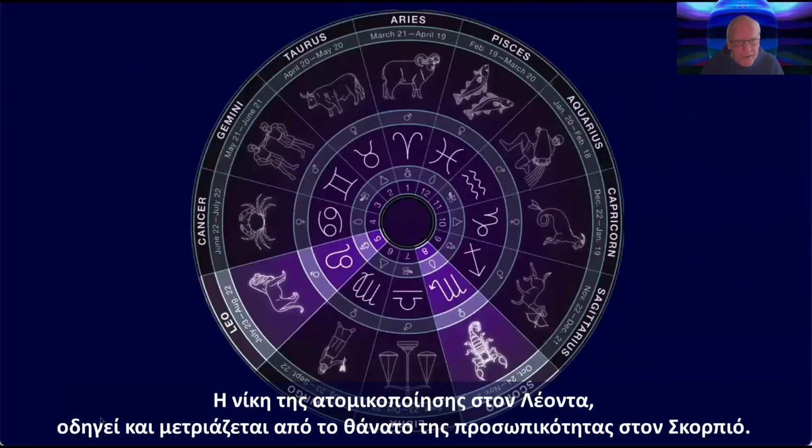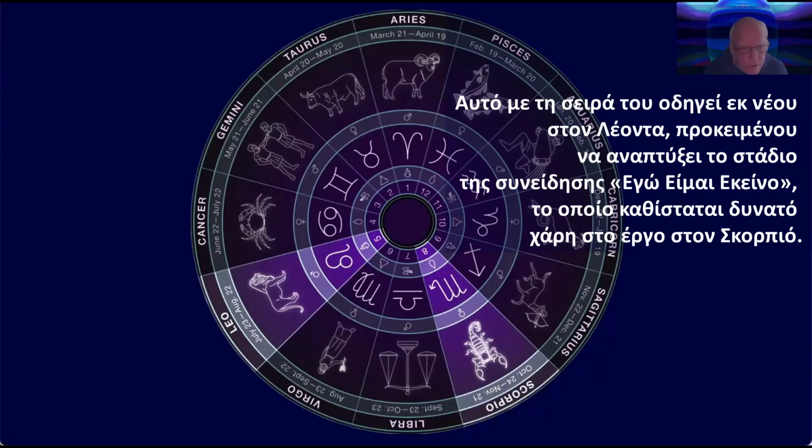The victory of individualization in Leo leads to and is tempered by the death of personality influence in Scorpio. Thus, this in turn leads back to Leo in order to develop the I Am stage of consciousness made possible through one's work in Scorpio.